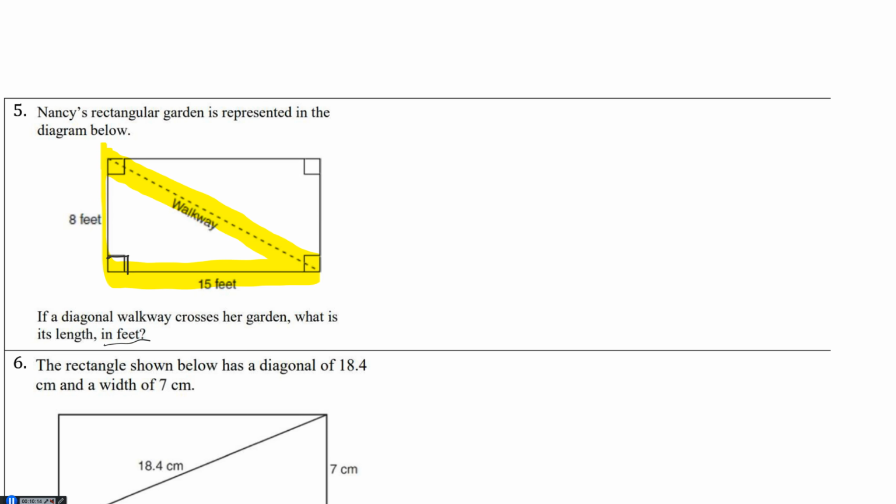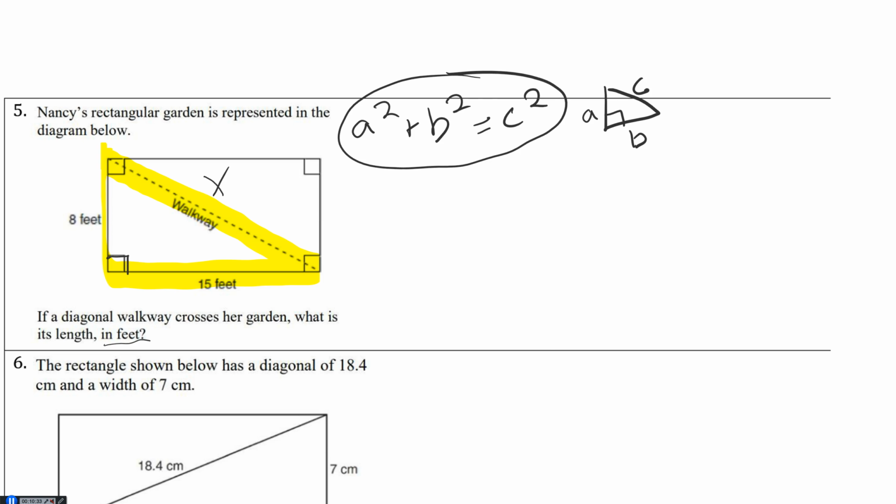When I'm seeing a right triangle and we're missing one side, we're always going to want to think to ourselves of the Pythagorean theorem, that a squared plus b squared equals c squared. Where if we have a right triangle with legs a and b and hypotenuse c, we can always find whatever missing side we have using that formula.